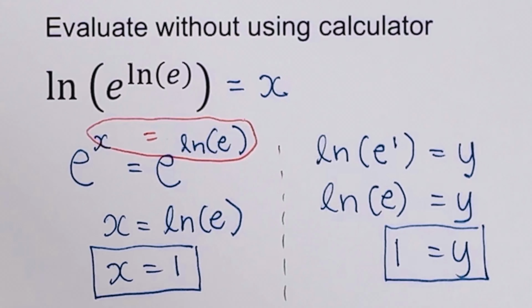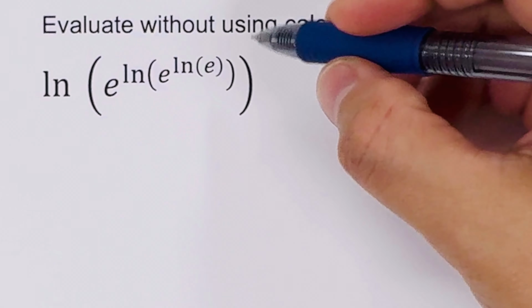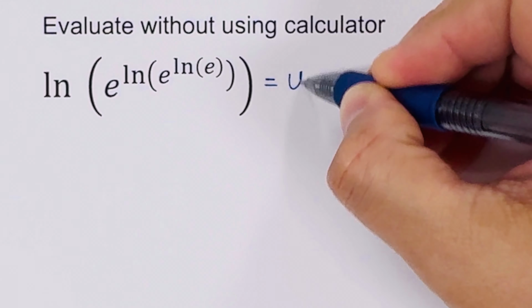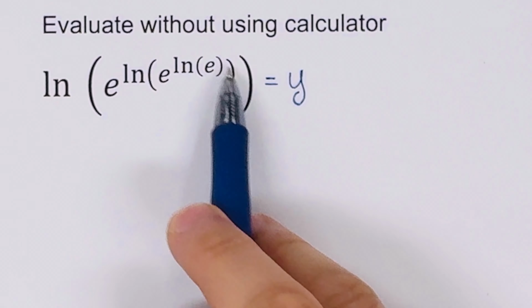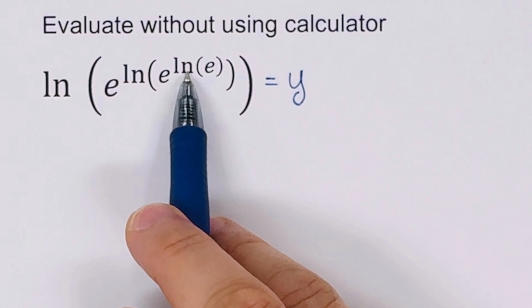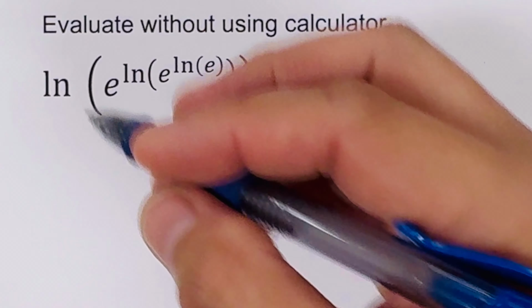Now let's have another example. To determine the value for this expression right here, we will equal this whole thing to y. Now we're going to solve everything that's inside the parentheses first. We remember that ln e is equal to 1, so this whole thing will become 1, so this expression would come out.